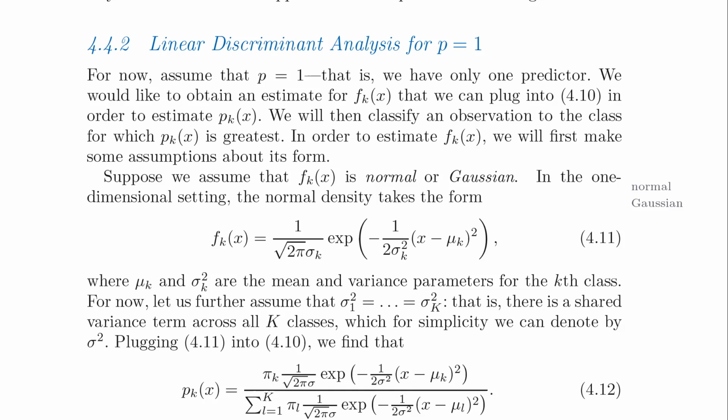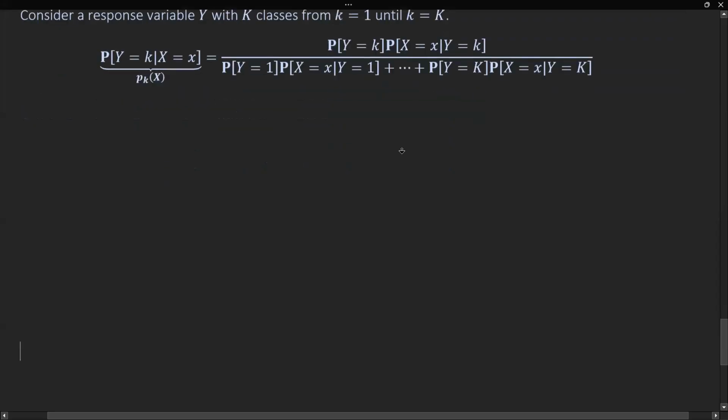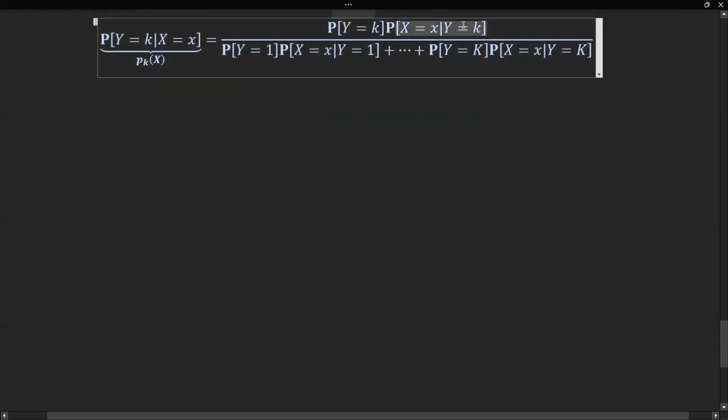We would like to obtain an estimate for fk of x that we can plug into equation 4.10 in order to estimate pk of x. And again and again, what is fk of x? It is the probability that x is x.